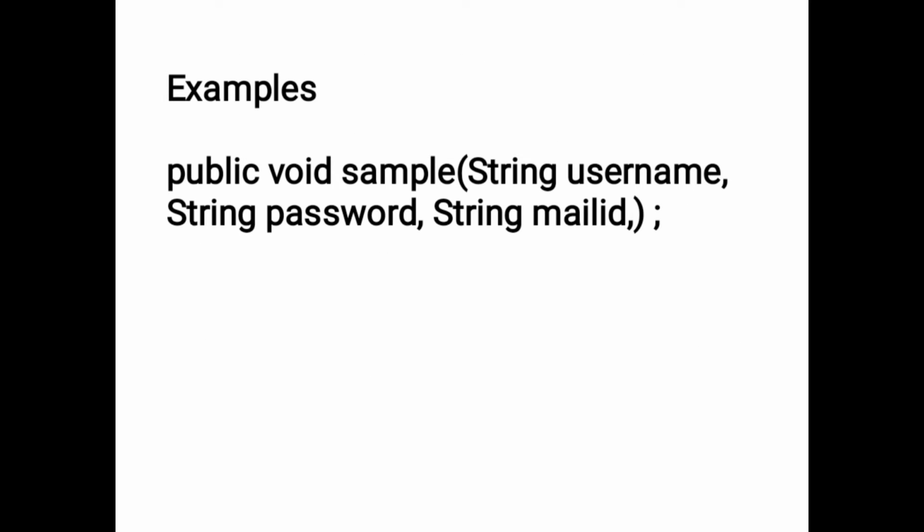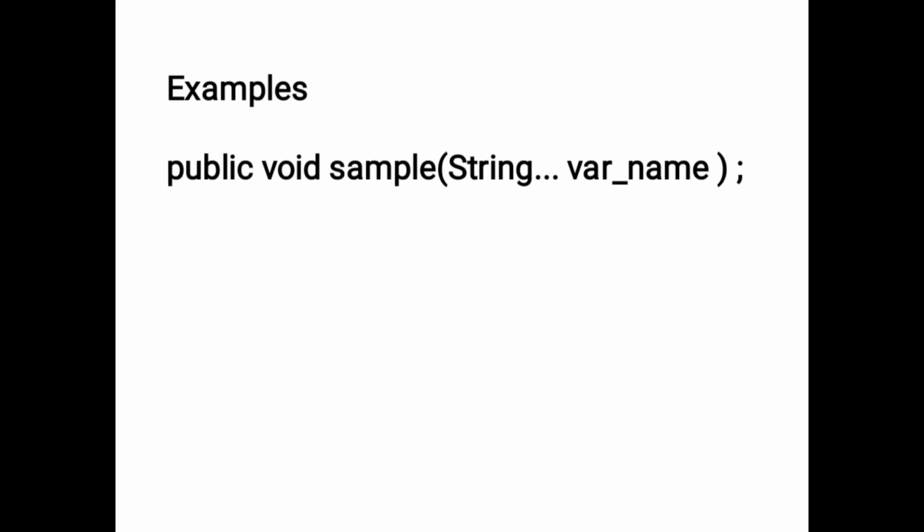Example: public void sample, inside the brackets write String username, String password, String mailId. This is without using the variable argument. Now this example using the variable argument can be written like this: public void sample, where sample is the method name, and inside the brackets write String three dots names.